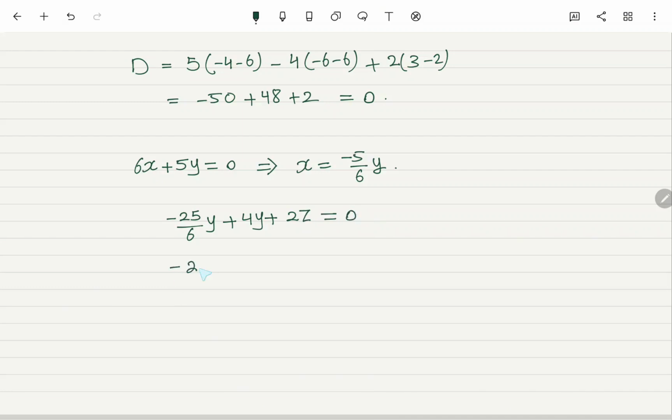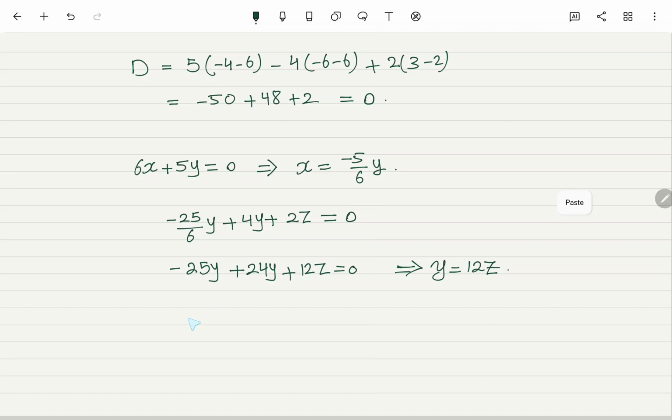So minus 25y plus 24y plus 12z equal to 0. Therefore, y equal to 12z.